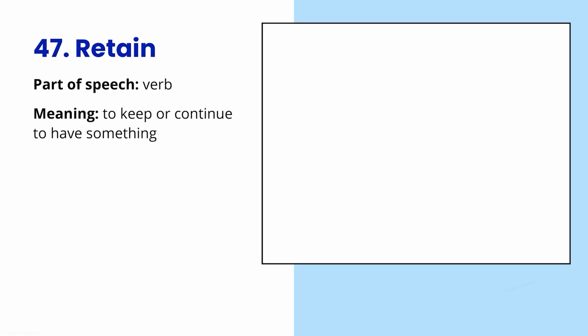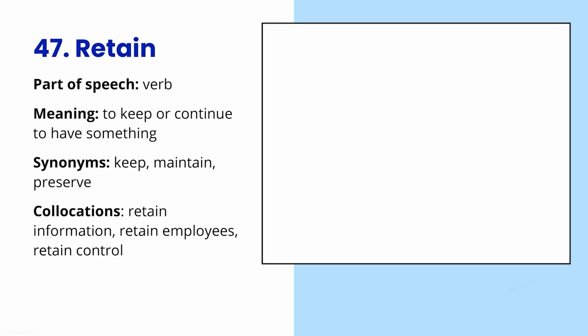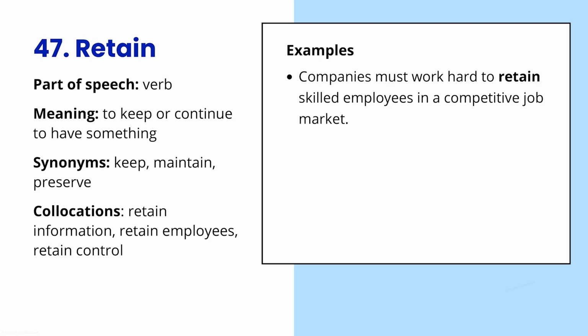Moving on to 47, retain. Retain is a verb, and it means to keep or continue to have something. Synonyms: keep, maintain, preserve. Collocations: retain information, so to keep information. Retain employees, continue to have employees. Retain control. Companies must work hard to retain or keep skilled employees in a competitive job market.